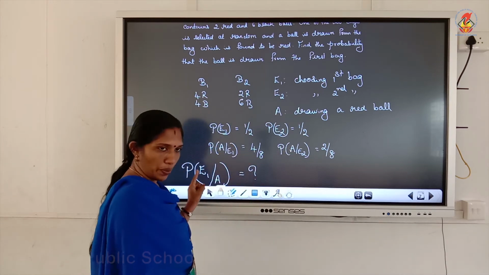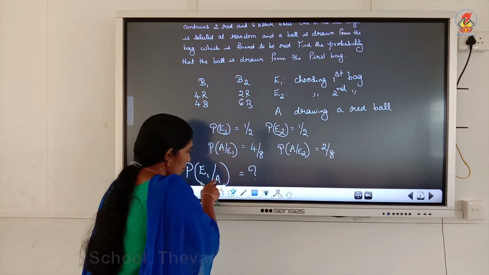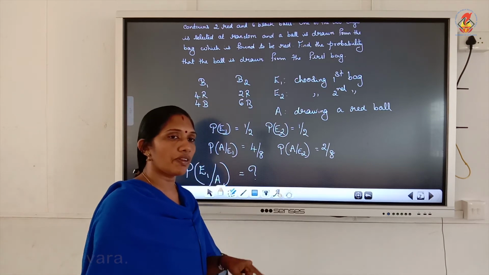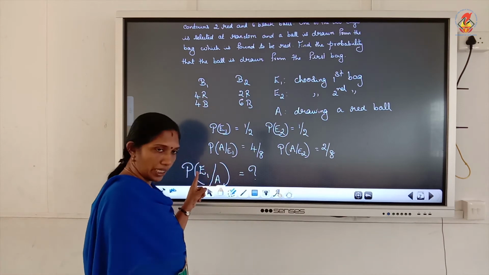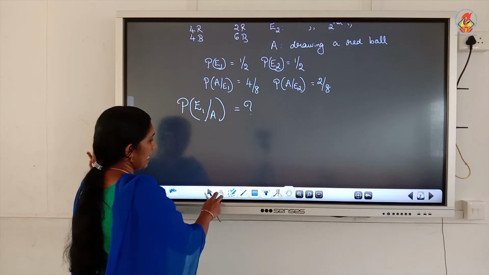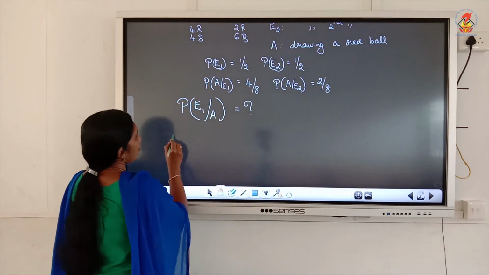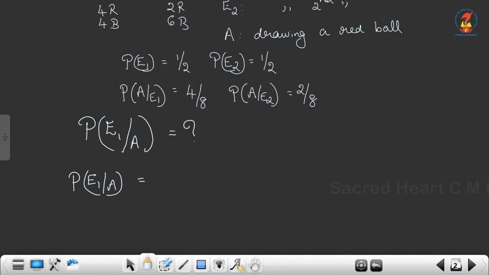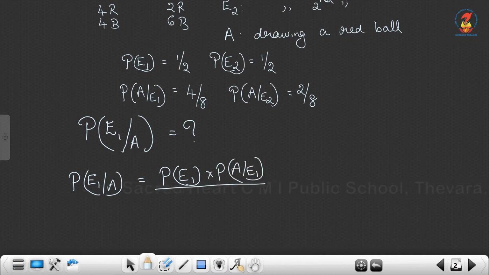Then what is the question? We have a red color ball in our hand. Find the probability that it was taken from bag number 1. That should be in the numerator. Now, write the formula. What is P of E1 given A? P of E1 given A is equal to, according to Bayes theorem, P of E1 into P of A given E1 by sigma.